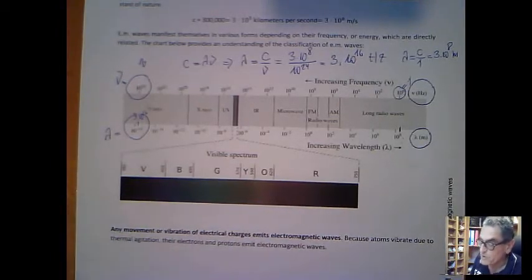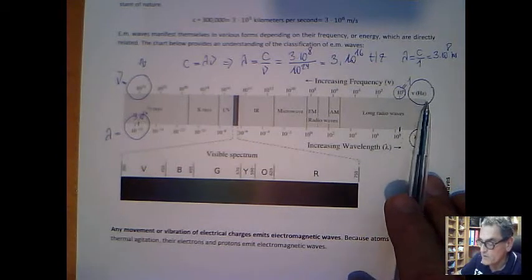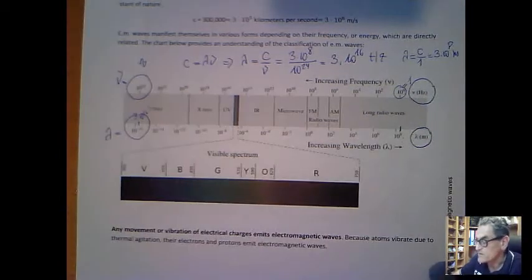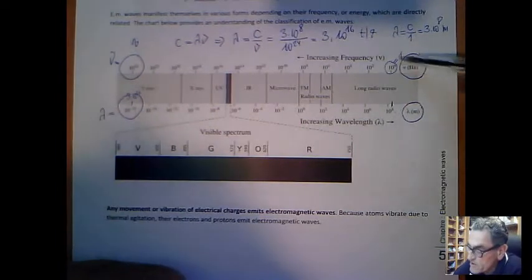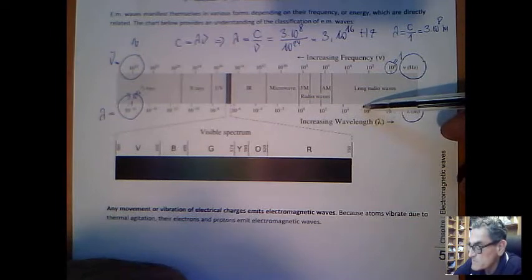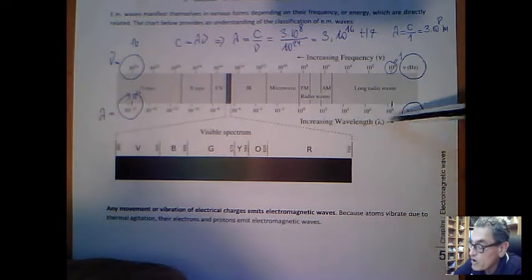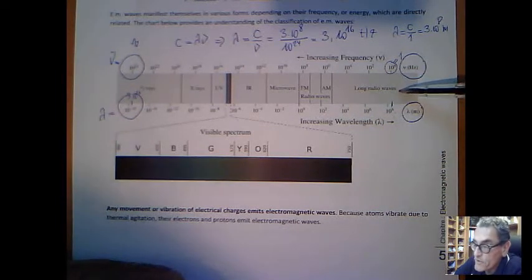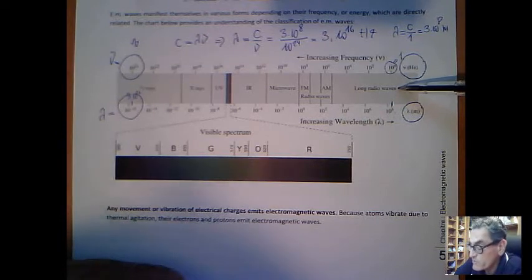Okay, so now you can classify your electromagnetic waves according to the frequency, let's say. Okay, so if we start at very low frequencies, and so very long wavelength, we have the radio waves, and it's a certain type of radio waves which we no longer use nowadays.